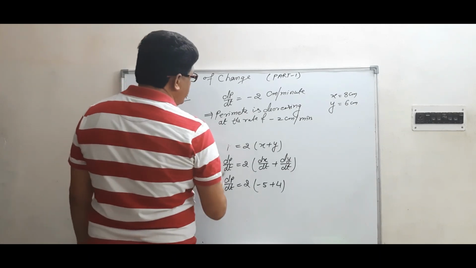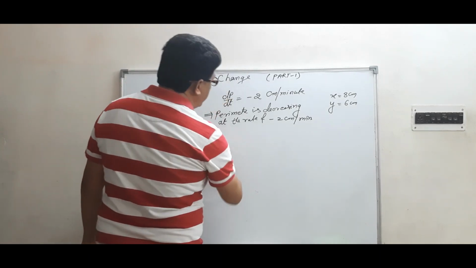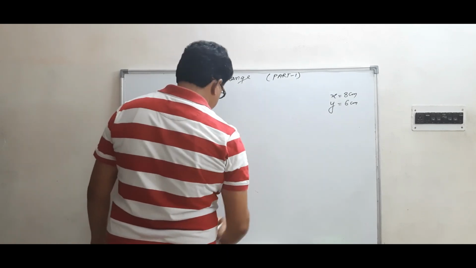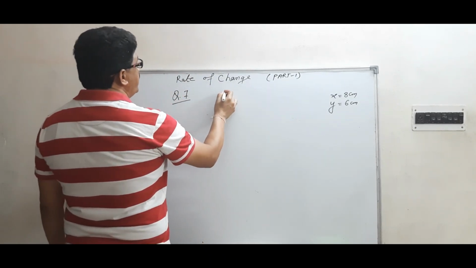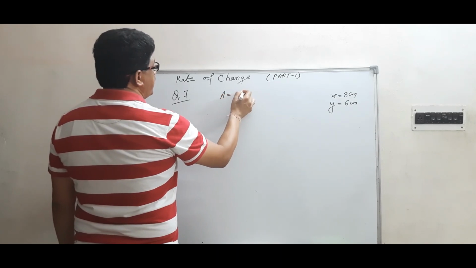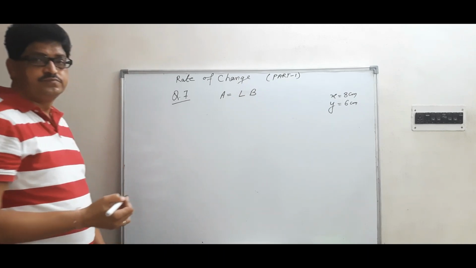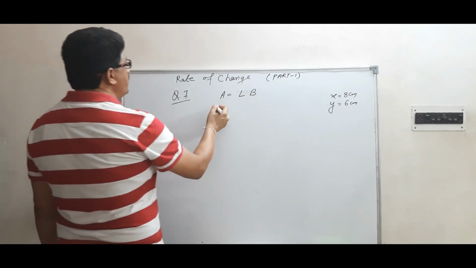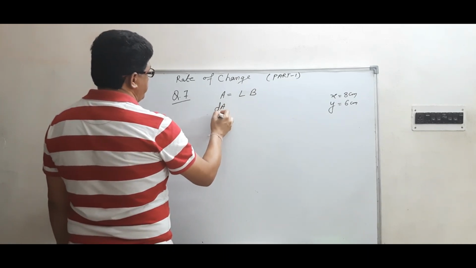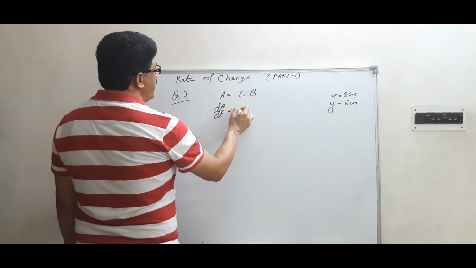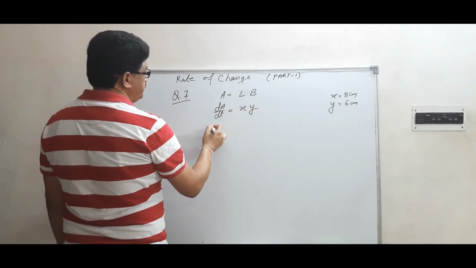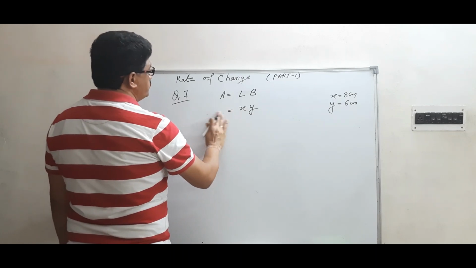In the same way we can find the change in area. We know that the area of a rectangle is length into breadth, so A is equal to x into y.